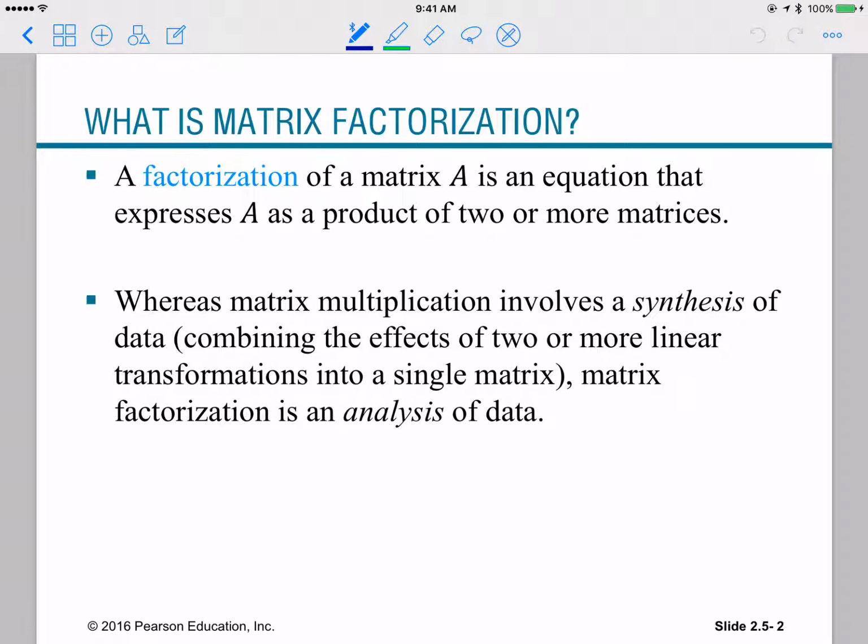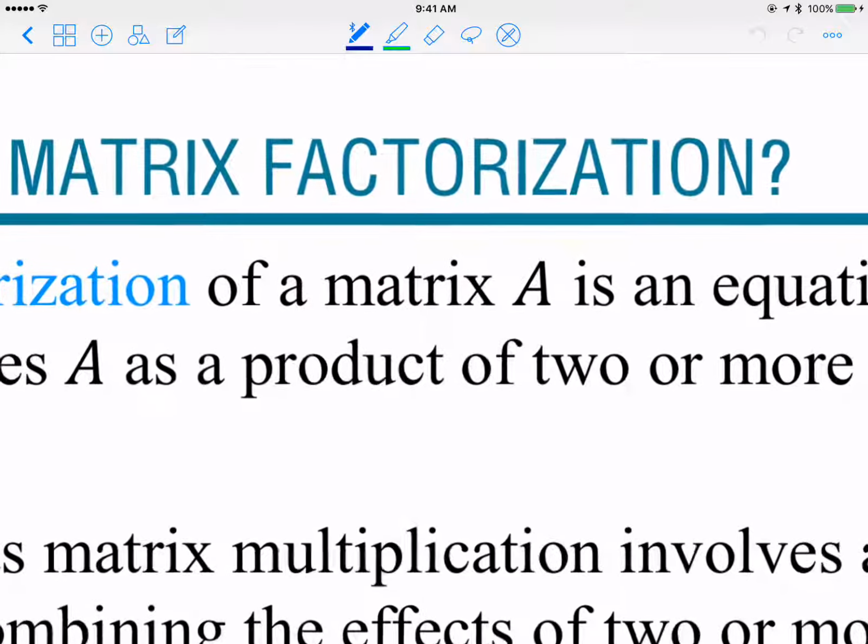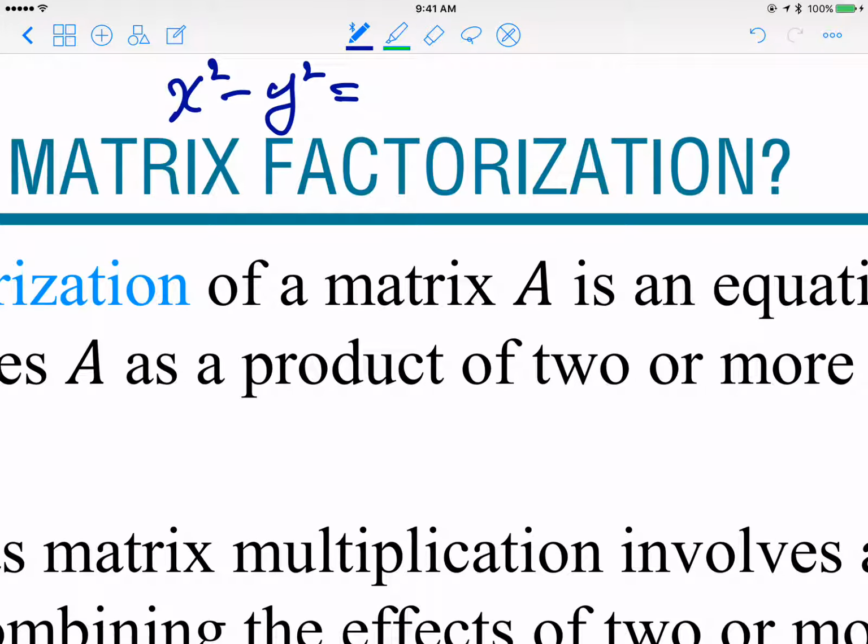So what we are doing in matrix factorization, or doing 인수분해 on a matrix, is this: if you know the typical factorization, you know that something is factorized as a product of multiple factors.